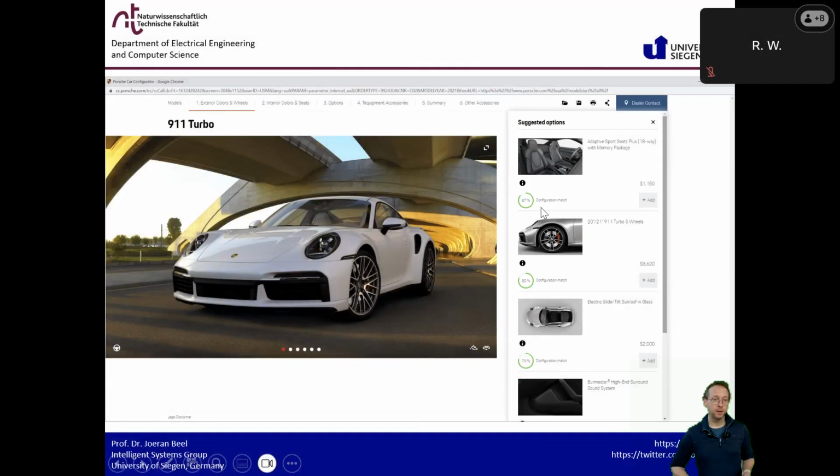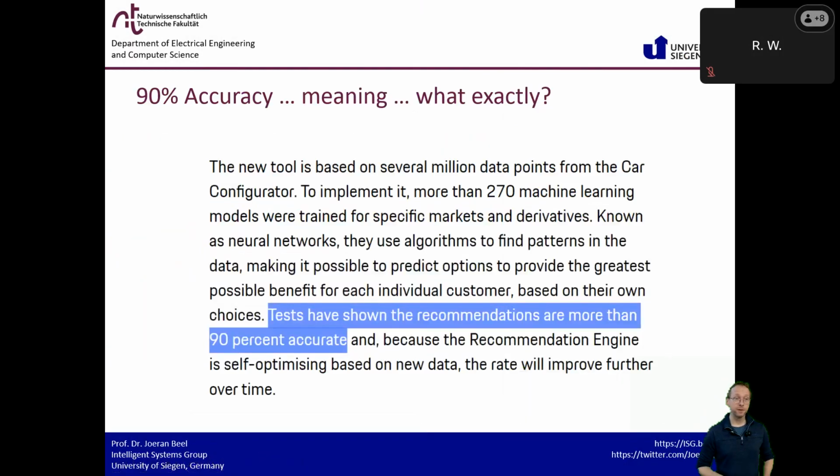And the Porsche PR department wrote this. Have a look at this. So the PR department claims a 90% accuracy.